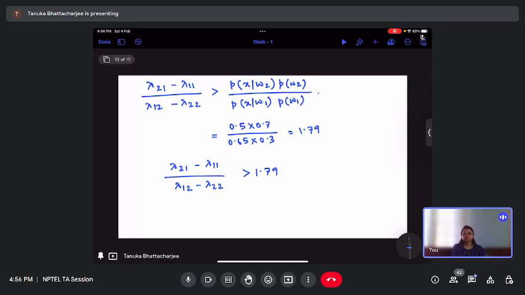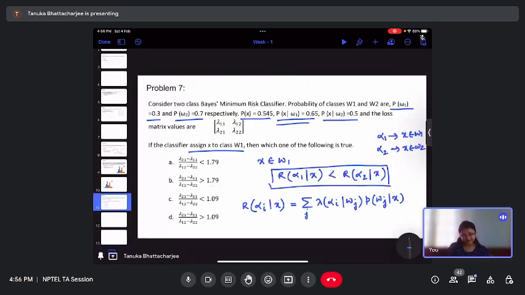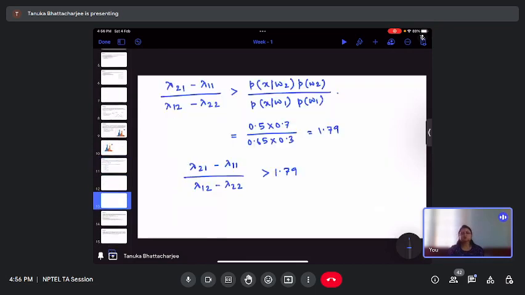So, (lambda 2 1 minus lambda 1 1) by (lambda 1 2 minus lambda 2 2) is greater than 1.79. In that case only, your classifier will assign the feature vector x to class omega 1. So, this is how you compute for the Bayes minimum risk classifier.